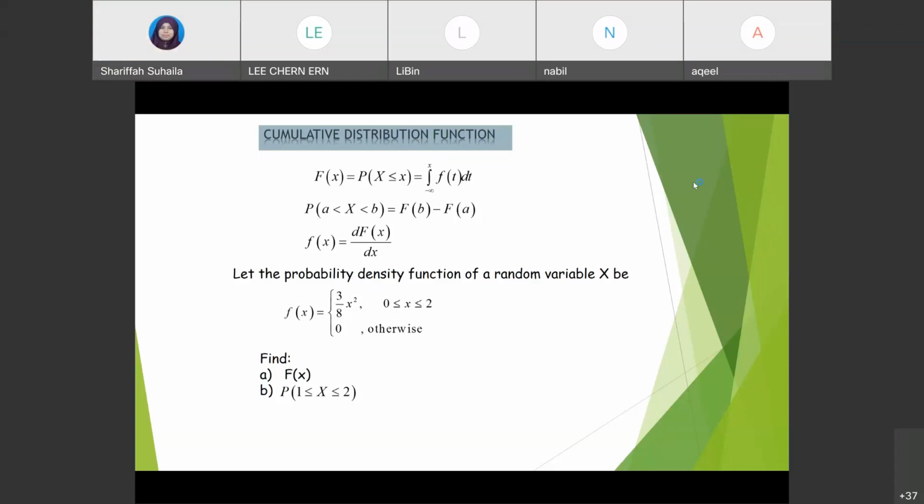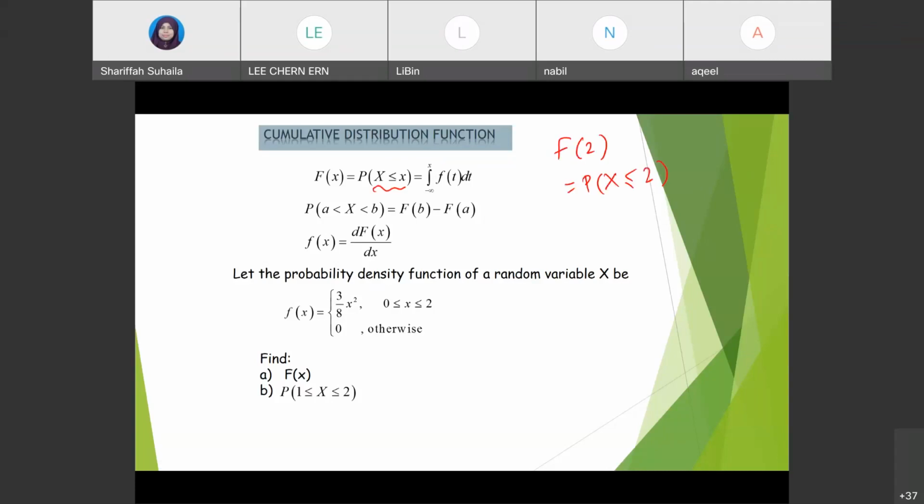So kita ada here maksud capital F(x) sama, which is probability X less than or equal to x. For example, let's say if you have F(2), it gives you this probability.